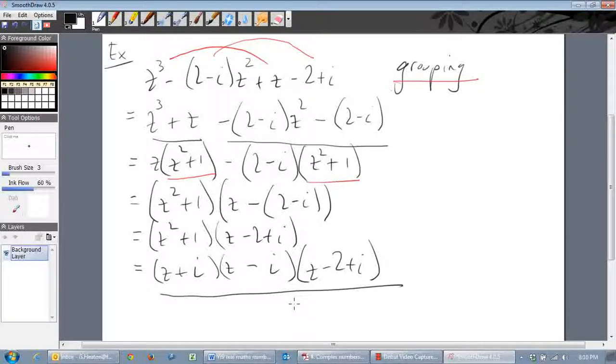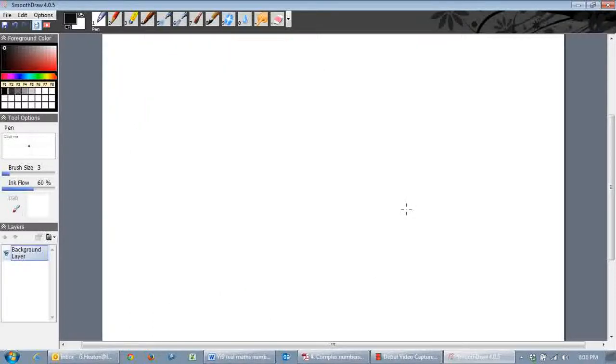Okay, I'll go on to our last example, which is probably the messiest of them all. I'll try to write a bit smaller for this one. So if z minus I is a factor of 2z cubed, oh, I ran out of space here, I should have started on a new line, 1 minus 2I z squared minus, don't want to get this wrong again.